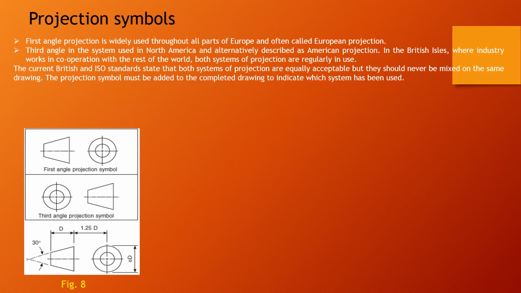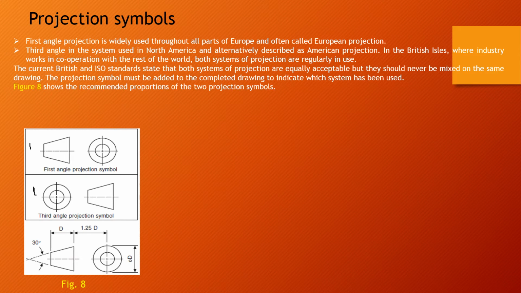Okay, you can see it in figure 8. The first angle projection symbol is this one, and the third angle projection symbol is this one. You can see the ratio to make this drawing. I will describe it in the coming lines.